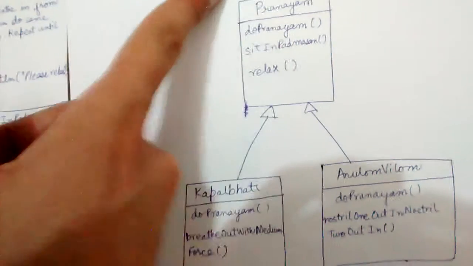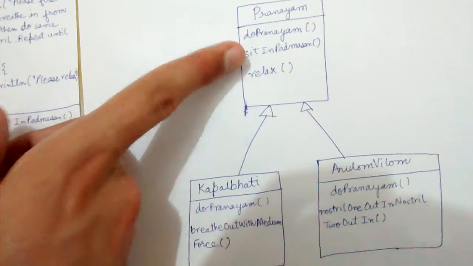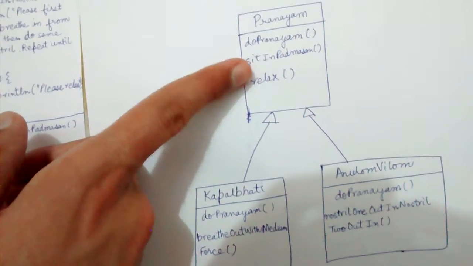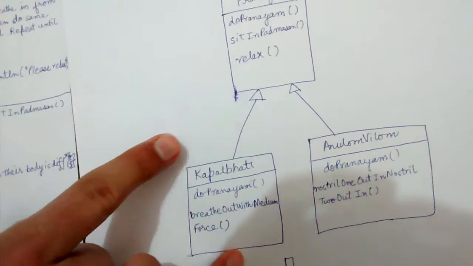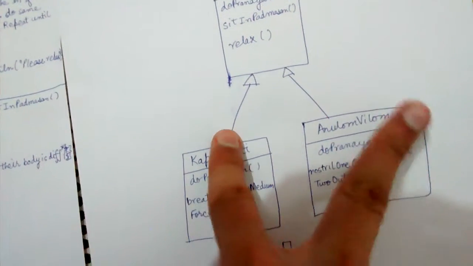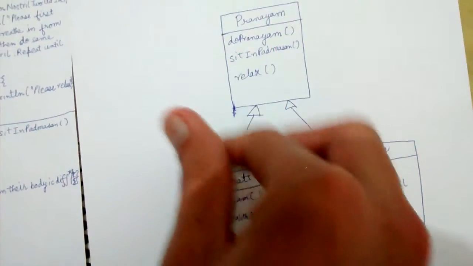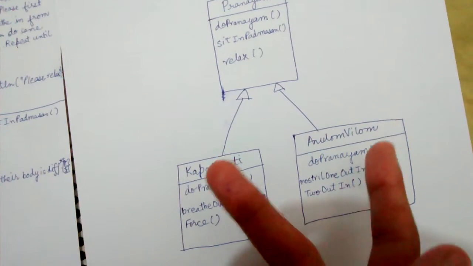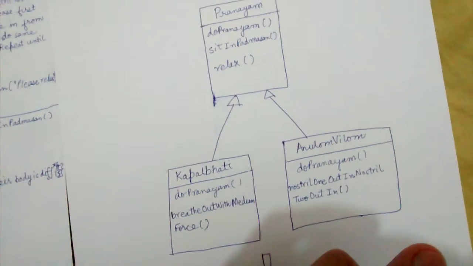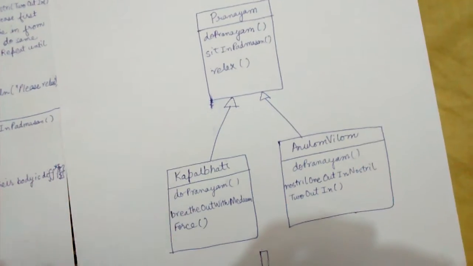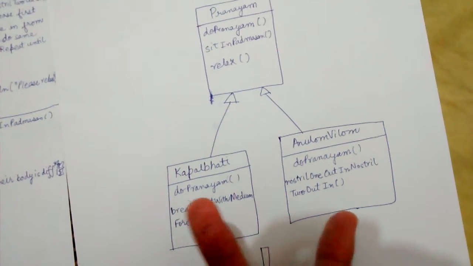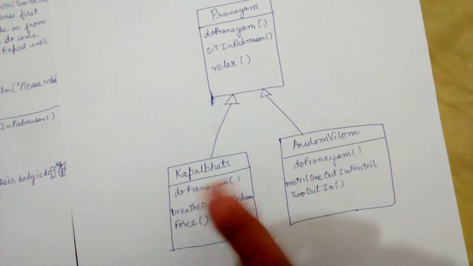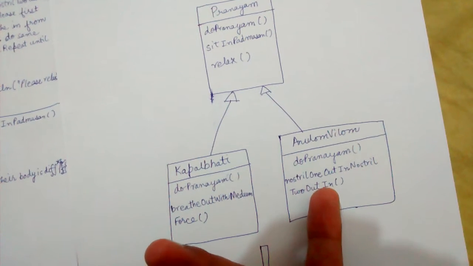So let's look at what we have done. So pranayam is an abstract class, do pranayam is an abstract method. These two methods have implementation in pranayam class, and these two classes Kapalbhati and Anulom Vilom are inheriting from this pranayam class. They are providing their own implementations for do pranayam, and they are defining one new method each, right?